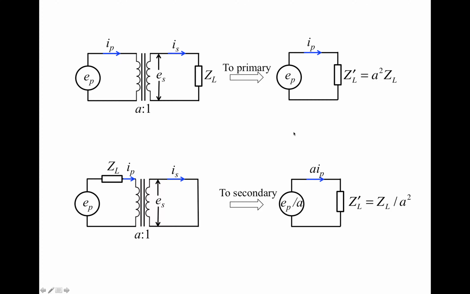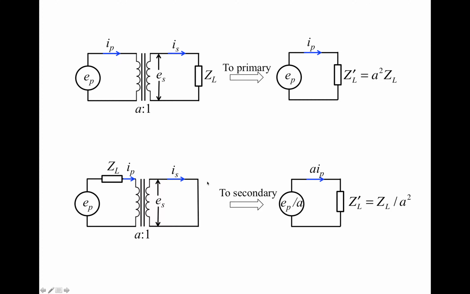And we can also go the other way around. If there is a load with actual impedance ZL on the primary side, and we would like to move that load to the secondary side, what's the apparent or equivalent load on the secondary side? We can use the previous expression for the apparent impedance, but in the opposite way.